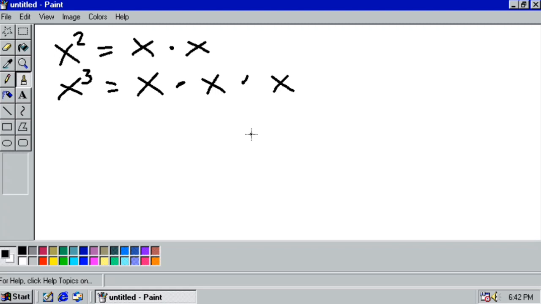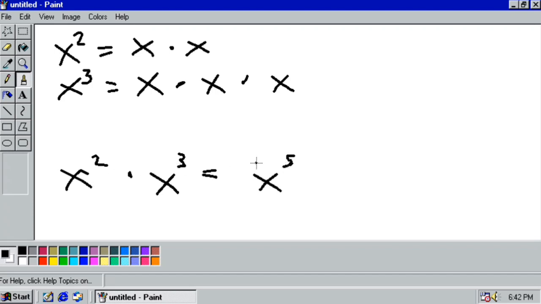So using these definitions, we can find the expression whose value equals x squared times x cubed, which is equal to x to the fifth.